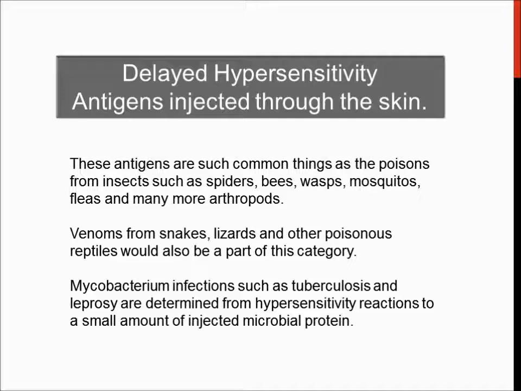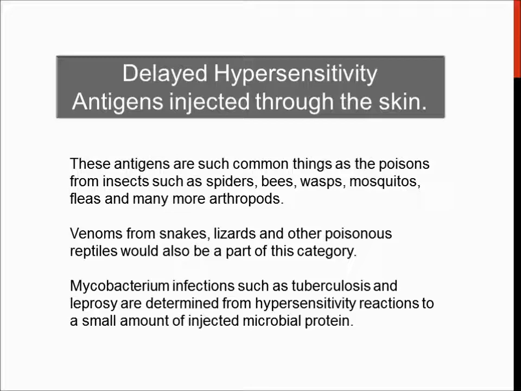Next, I'd like to talk about the second type of type 4 hypersensitivity. These are antigens that are injected through the skin, whether intentionally or accidentally, through animals such as bees or snakes or other spiders or many arthropods. All of these put antigens into your body that the T cells will react to. However, it won't necessarily be the first time.